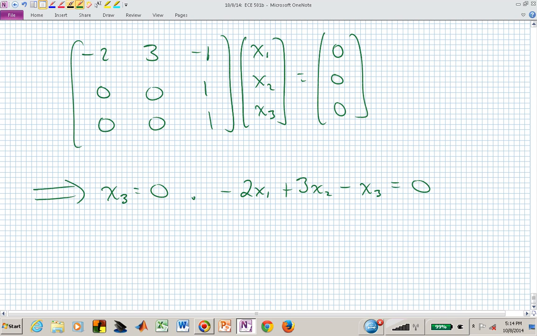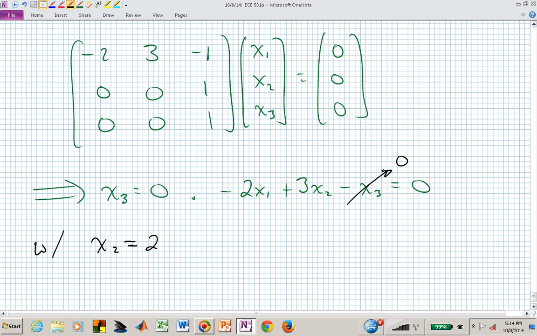But we've just learned that x sub 3 is 0, so now we can just pick a convenient value for x sub 2 and solve for x1 from this relationship. Suppose we say x sub 2 equal to 2, since I want to have nice integer values in my vector.